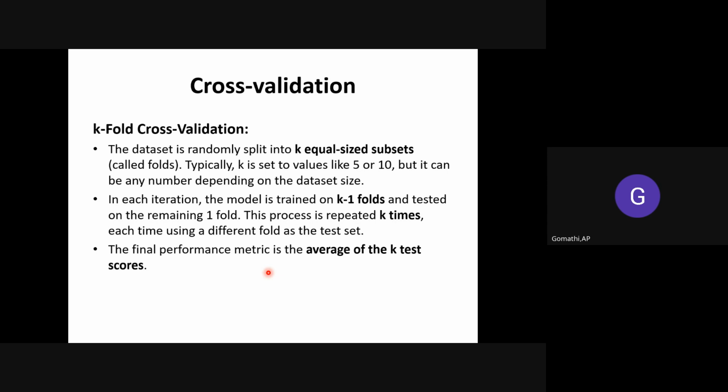Next is the training and testing. For each fold, the model is trained on k minus 1 folds, because we have to repeat this task k times, and the model is tested on the remaining fold. The third step is repetition. That means the process is repeated k times, each time with a different fold being used as the test set, and the remaining folds are used for training.